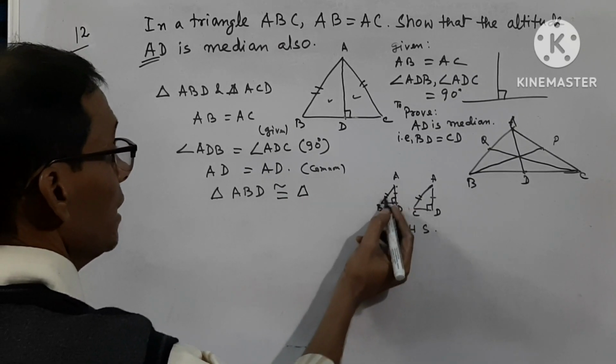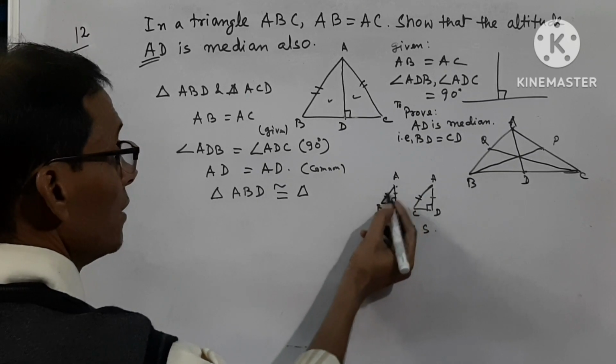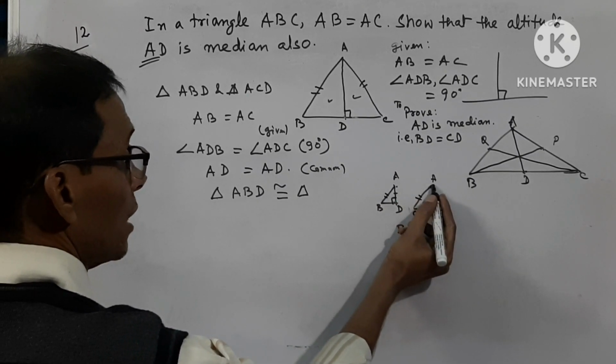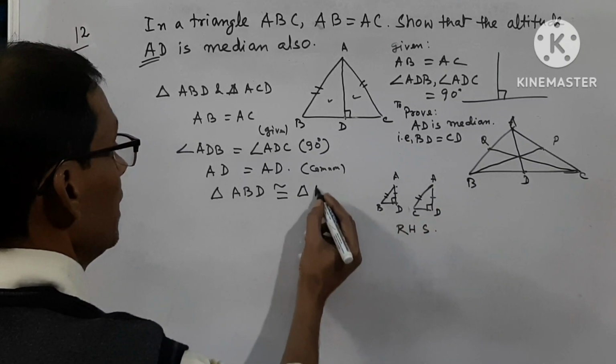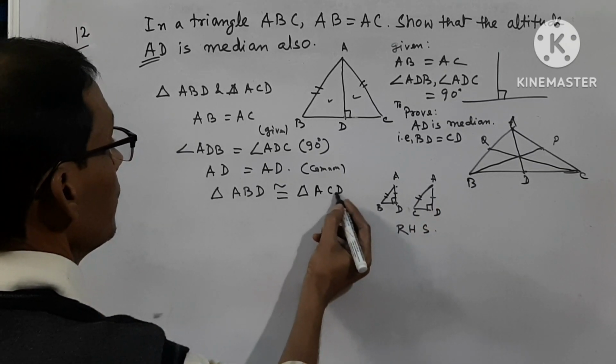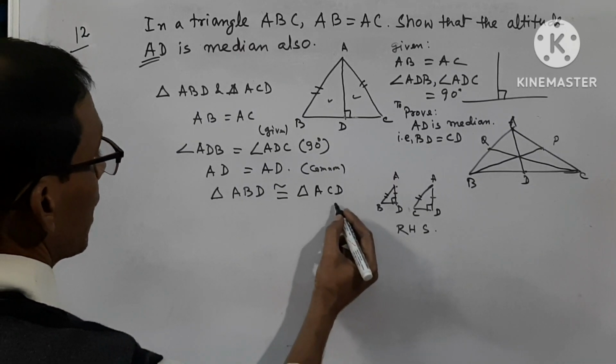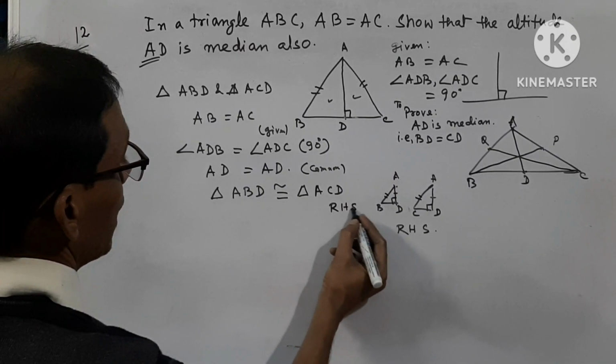Triangle ABD, so this triangle also you write in the same sequence, triangle ACD, by RHS criteria.